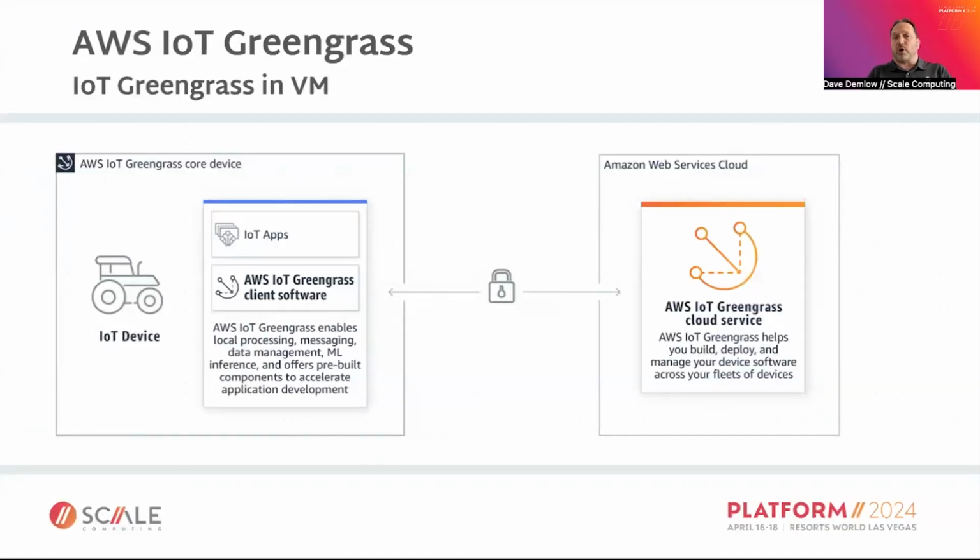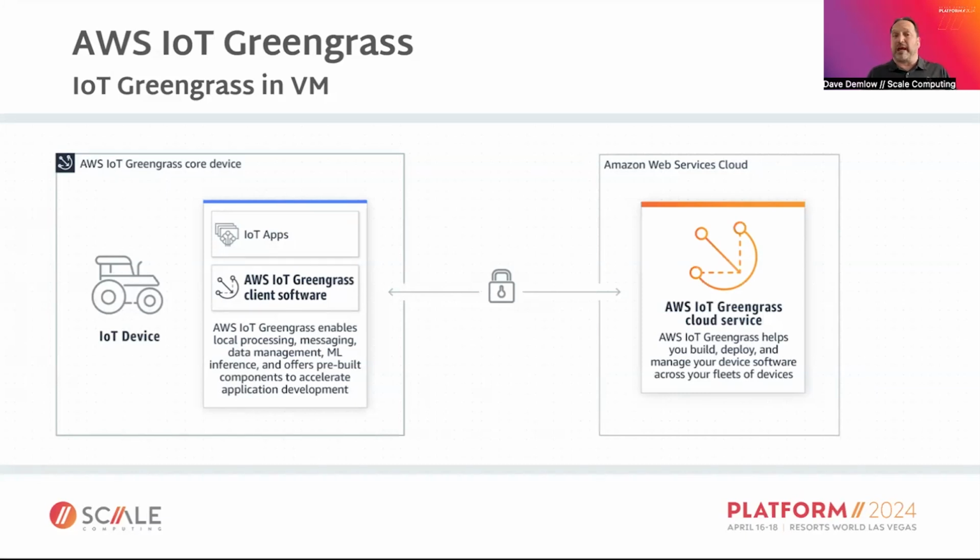And then AWS also has their own IoT-specific systems. They were one of the very early ones out there. Their most common solution is called IoT Greengrass, and it also can deploy a wide range of services. There's the cloud component, and there's the IoT Greengrass core device, which is what you would run on premises. Generally, it deploys into a Linux virtual machine. You can automate that.